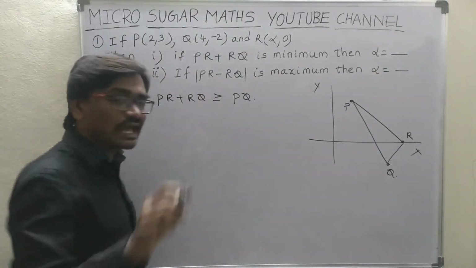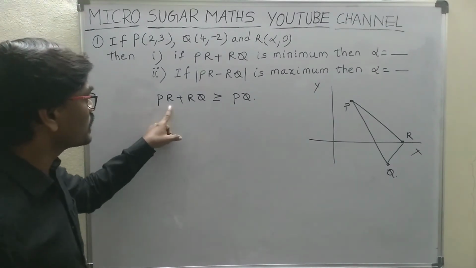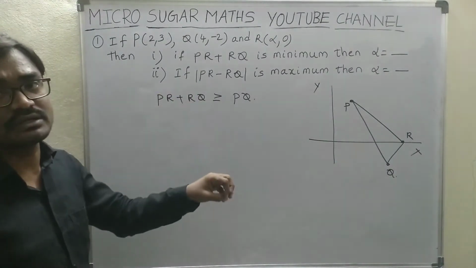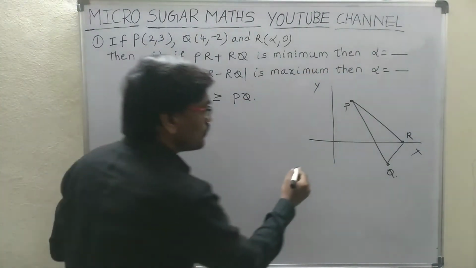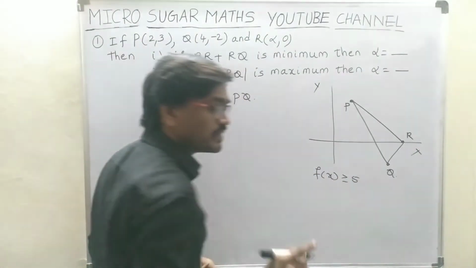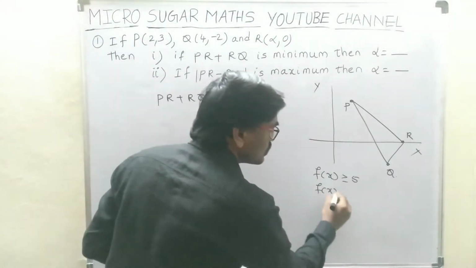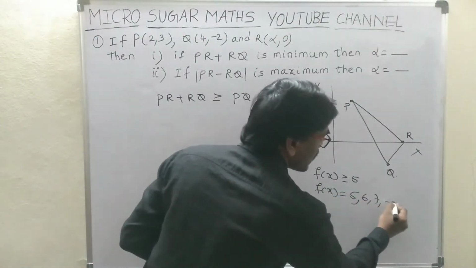Now, PR plus QR is a function in terms of alpha. When a function is greater than or equal to 5, it means f of x is equal to 5, 6, 7 and so on.